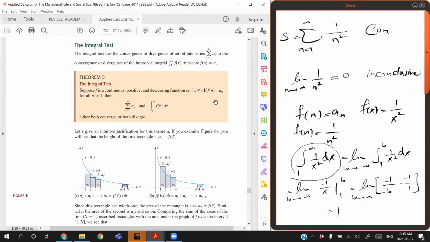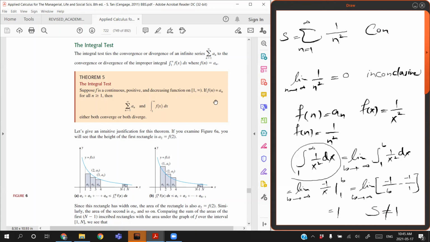Notice that it doesn't mean that S equals 1. It does not mean that. This test does not give you the value of the series, unlike the previous two types of series that we looked at.